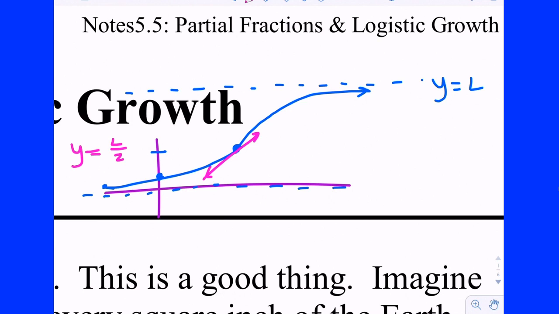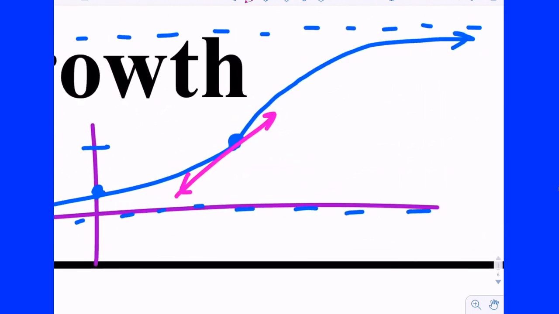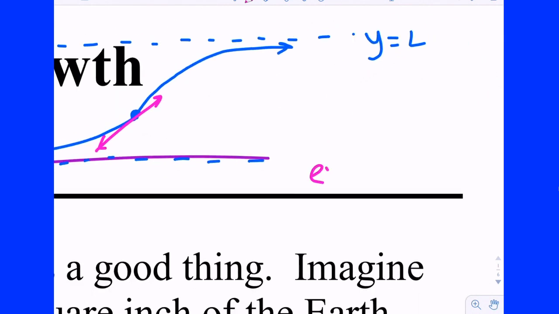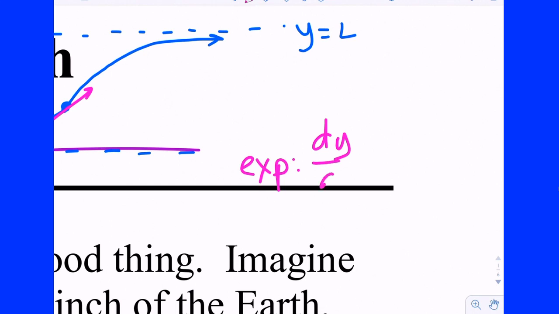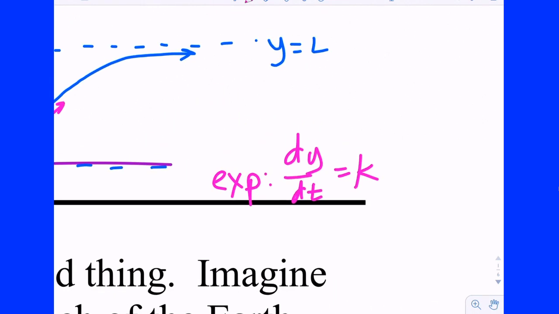So if we kind of try to quantify this, remember what makes a purely exponential function exponential. The rate of change of the y value with respect to time was directly proportional to what? Remember the sect equation? It was directly proportional to y itself.